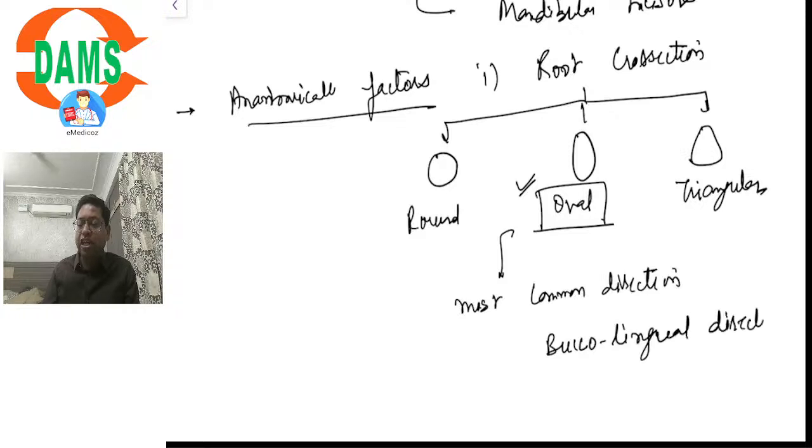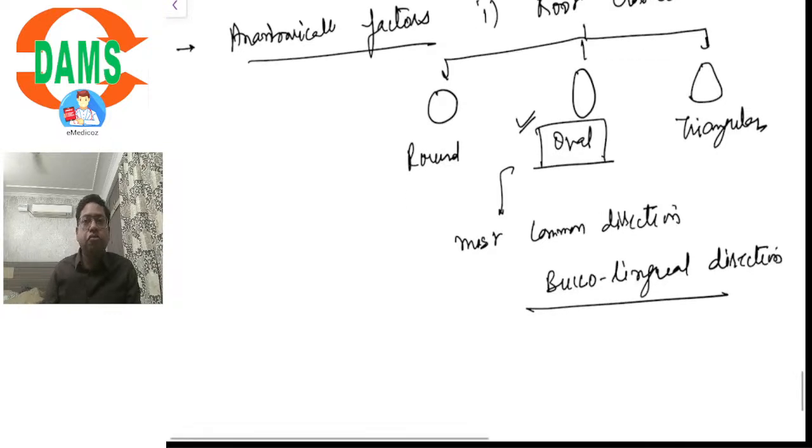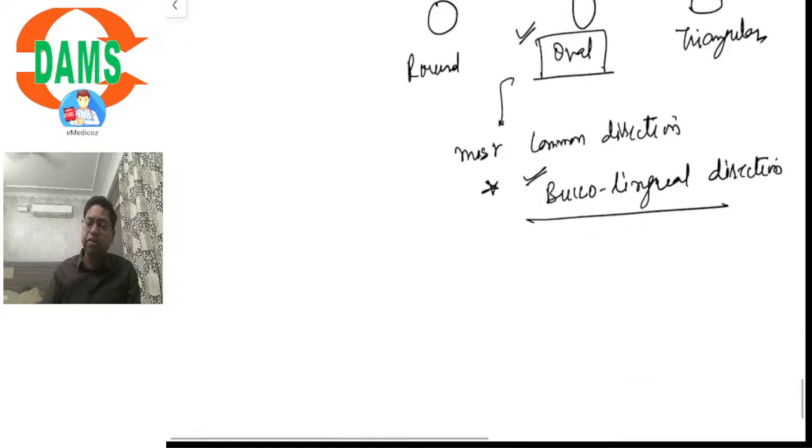What is the most common direction for a split tooth to occur? It is in a mesiodistal direction that is visible clinically in the crown of the tooth. And the most common direction for a VRF to occur is buccolingual. This is an important difference.